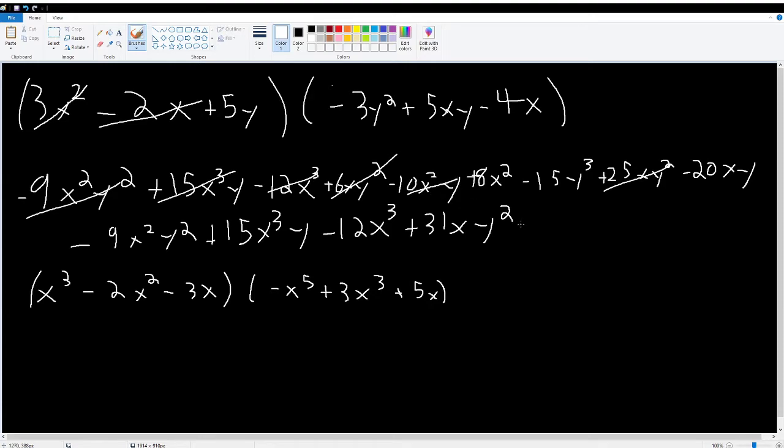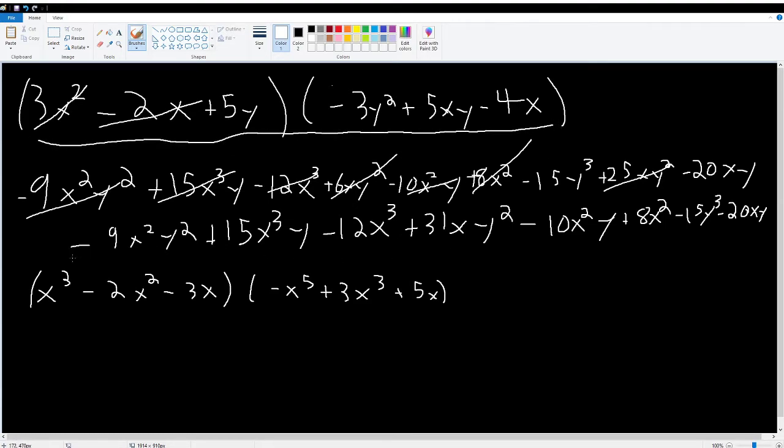So this is just minus 10x squared y. Next, 8x squared. Nothing else, so plus 8x squared. And the rest just comes down for the ride. You cannot simplify anymore. Alright, so this polynomial multiplied by this gives you this stuff right here.